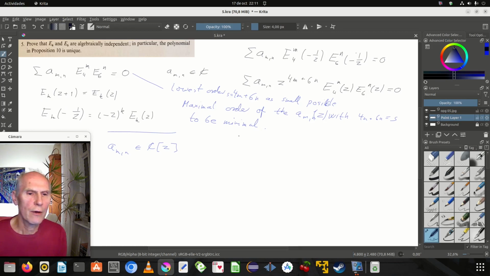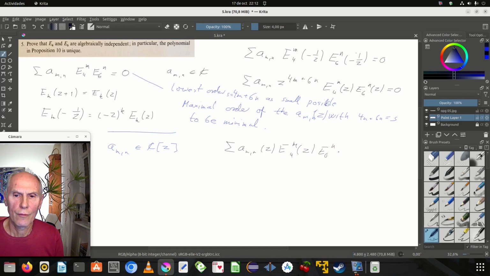So it's A of Z we have here. Well, first I think I can prove that these have to be constants, but let's look at it. We substitute Z with Z plus 1.